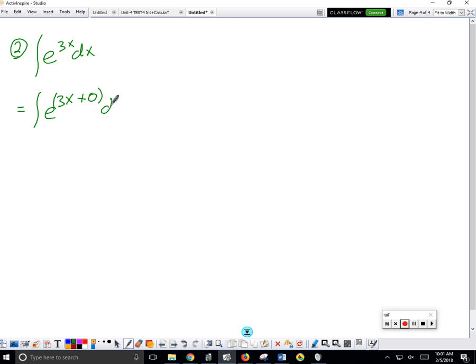So that's an ax plus b; the a is 3, the b is 0. Now I use the longer rule, which says the antiderivative of e to the ax plus b is 1 over a multiplied by e to the ax plus b, plus a constant. I don't have to write the plus 0, so I typically write this. That would be the antiderivative.